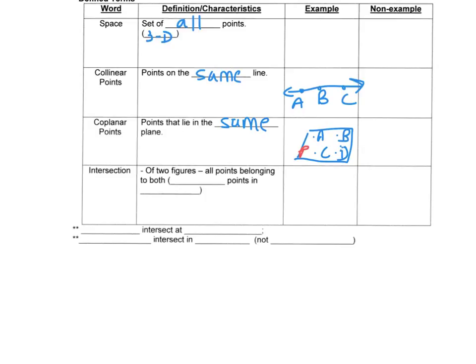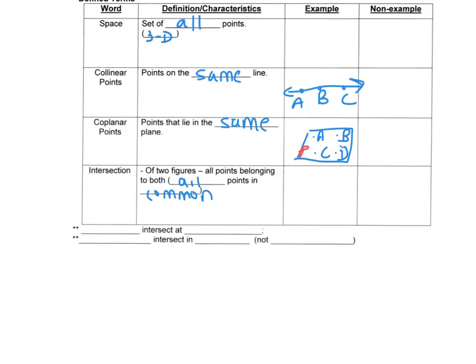Intersection is just as it sounds. It's when you have 2 figures, it's all the points that belong to both of them. All your points are in common. Now it looks different for different things intersecting.